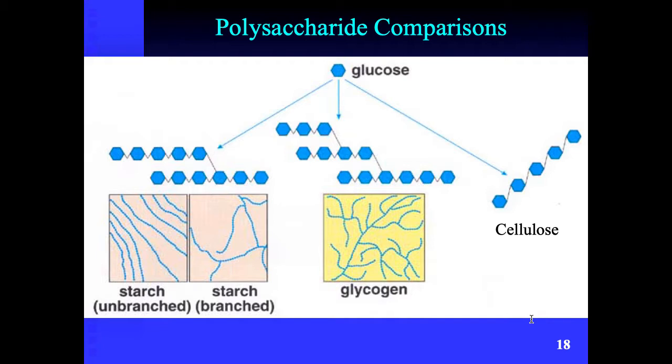Now, here's glycogen. Glycogen is pretty similar to amylopectin. Glycogen has alpha 1 to 4 and alpha 1 to 6. It's all glucose. Here's the difference. Glycogen has more branching than amylopectin.